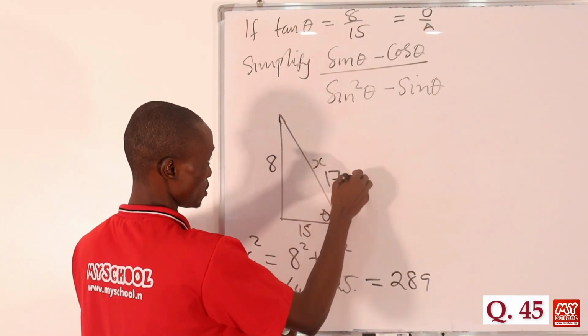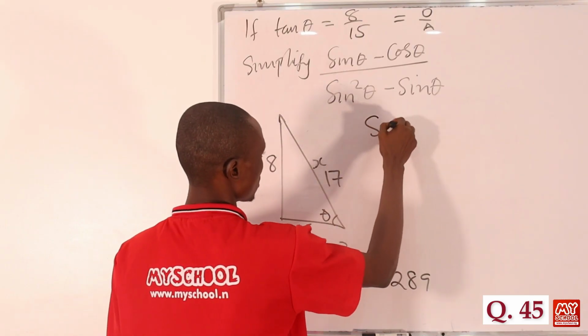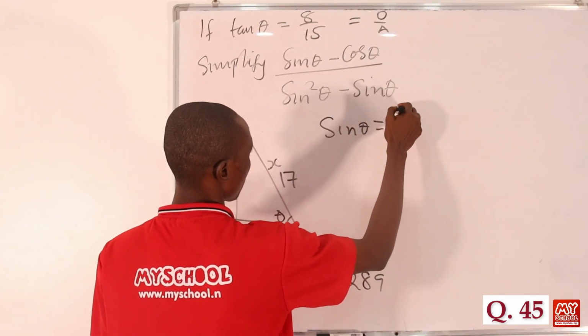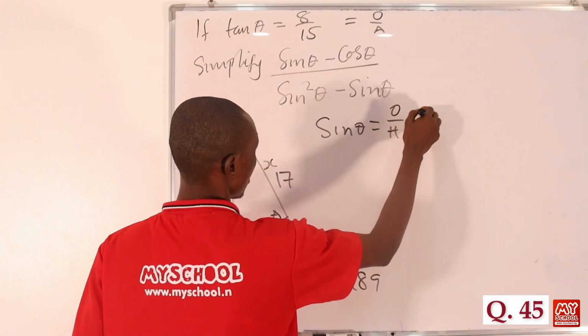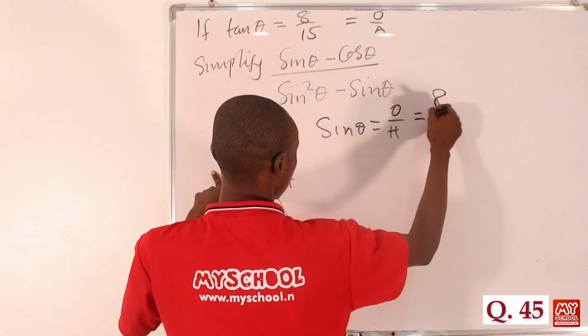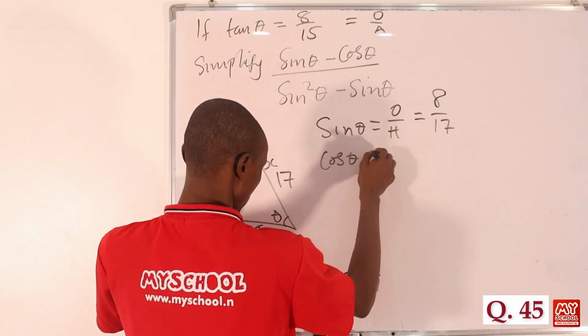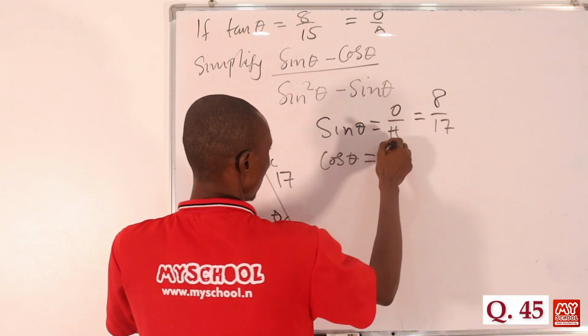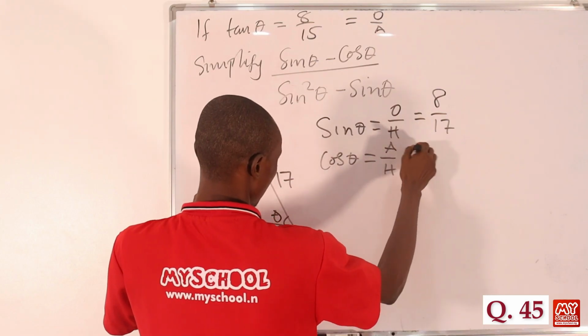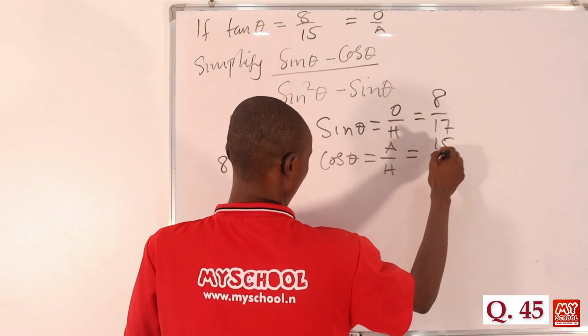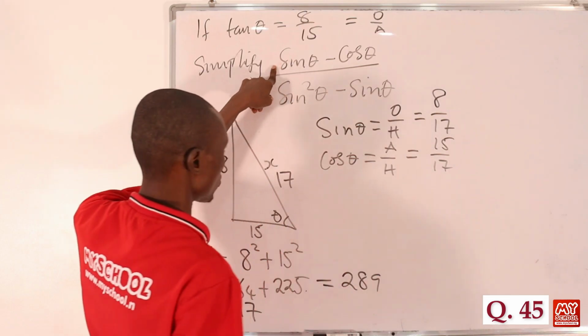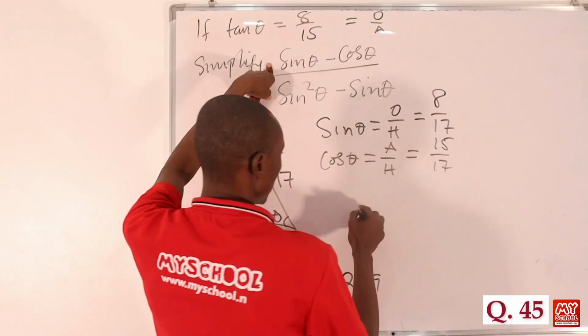So that means the hypotenuse is 17. Sine theta is equal to opposite over hypotenuse, so our opposite is 8 and hypotenuse is 17. Then cos theta is adjacent over hypotenuse, so we have 15 over 17. We can now substitute these values into the given fraction.